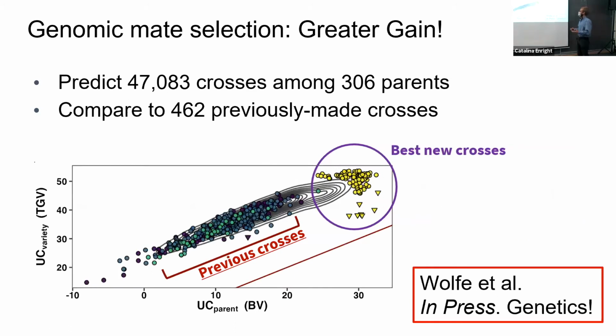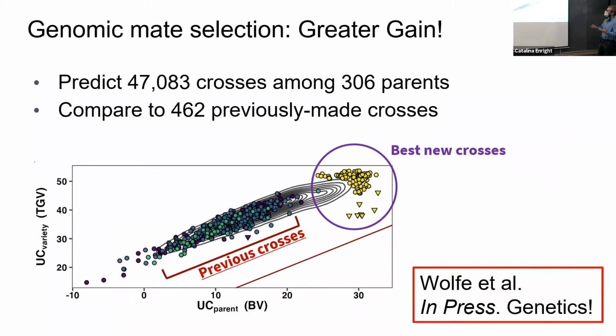The other thing that we hope to get is greater gain from selection. So here's a figure from Marnin's paper where we have 306 parents that exist out in the field in Nigeria, in Ibadan. You can run these analyses on many different pairwise crosses, right? 306 times 305 divided by 2, something along those lines.